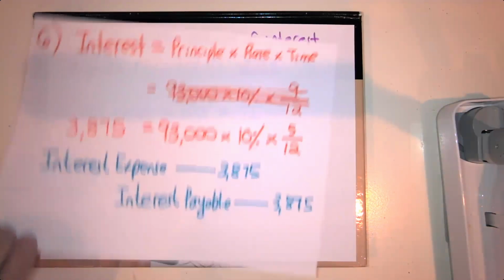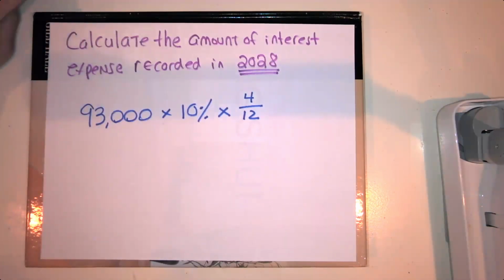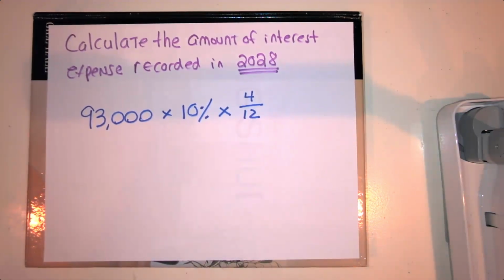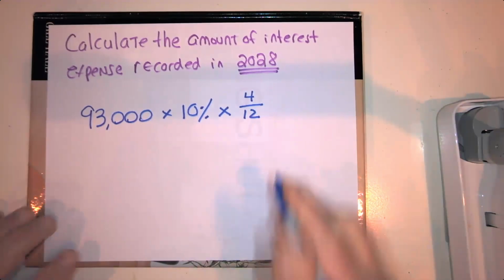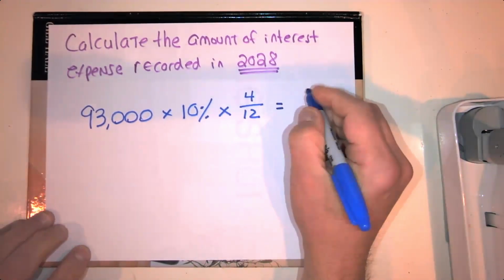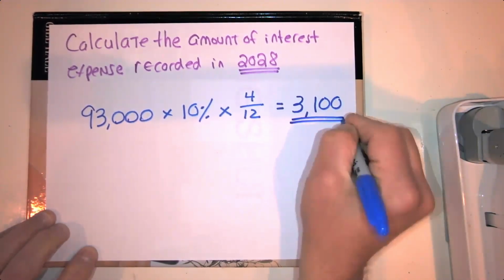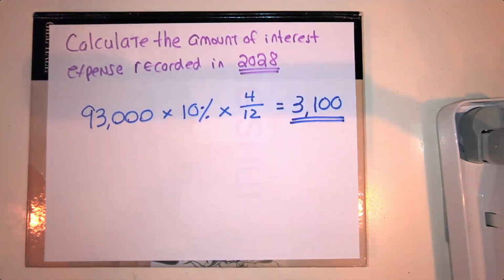But it's a 9-month loan, so there are 4 more months that will happen in 2028, and thus need to be recorded as an expense in 2028. $3,100.